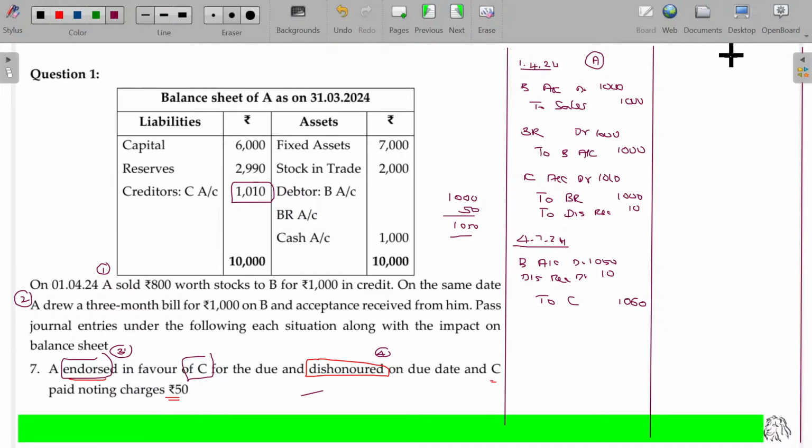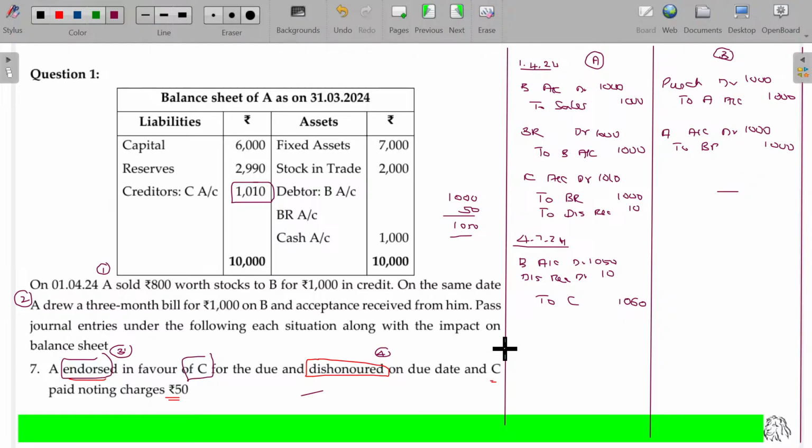Now let's go for B's books. For the sale, we have purchases account debit to A account, this value being 1000. Next one, rather than BR to B, it will now be A account debit to BP, 1000.